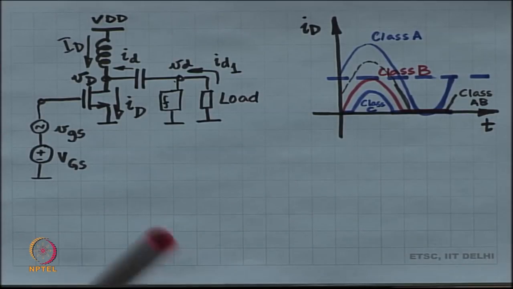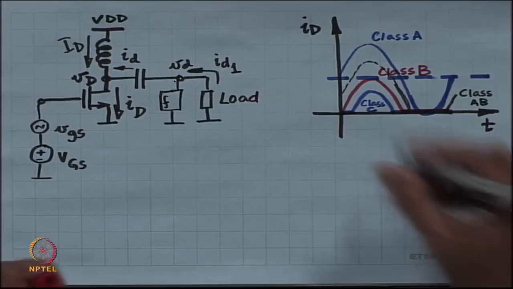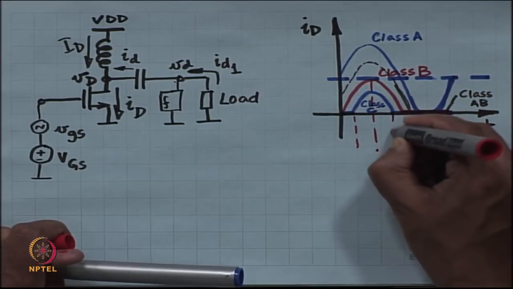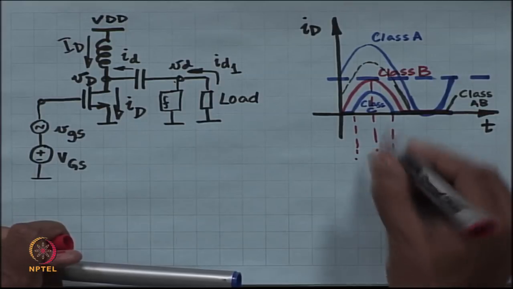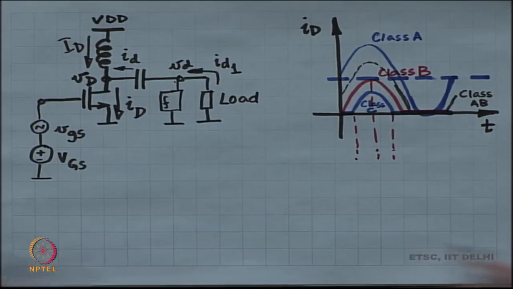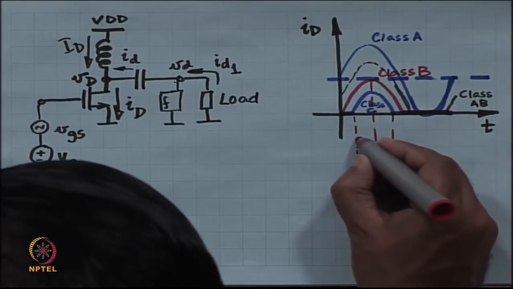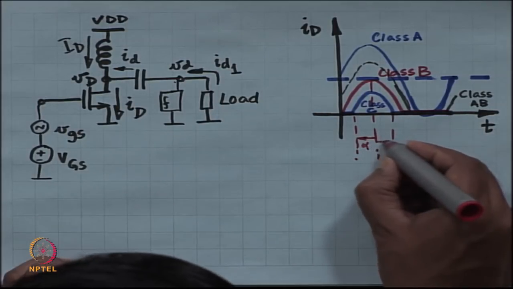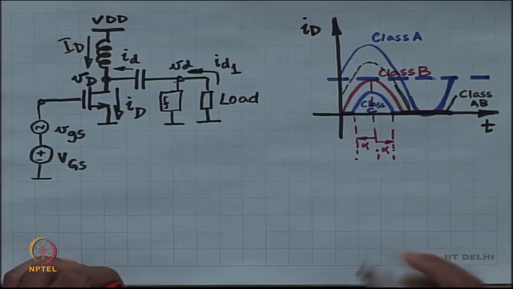All right. And what we did in the last class was we came up with a closed form expression actually. We said that let us say the conduction angle is 2 times alpha. So, let us say this angle is alpha. Okay.